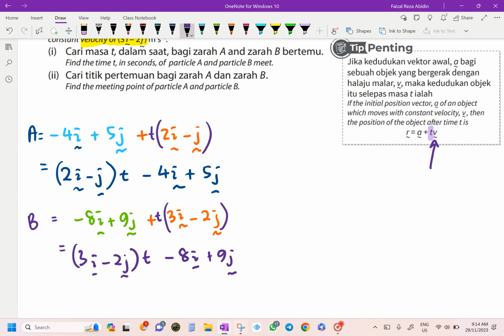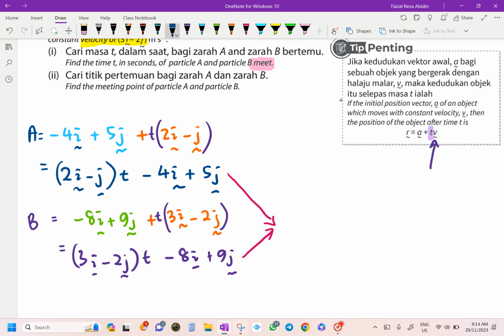So what do we have over here? It says that both particles are going to meet. It means A equals B. So you're going to get over here both of the particles going to meet.